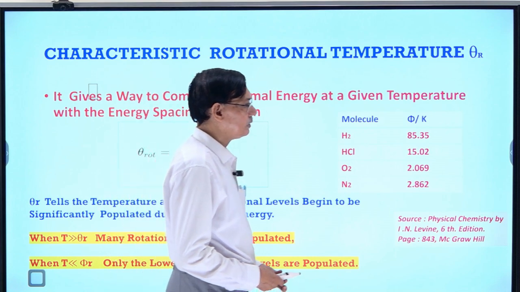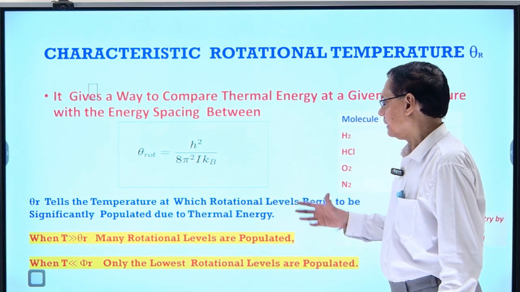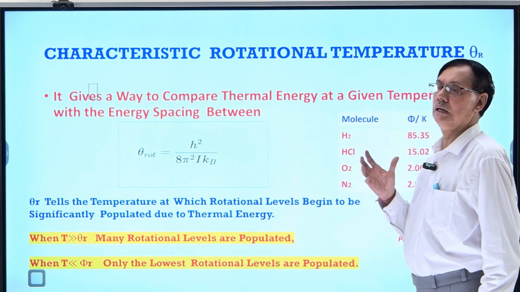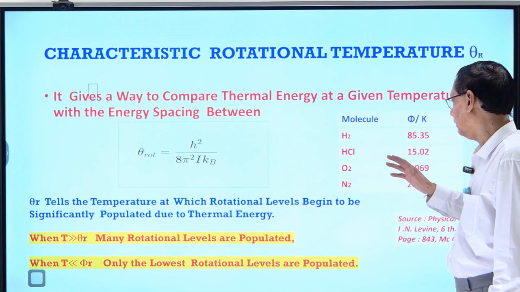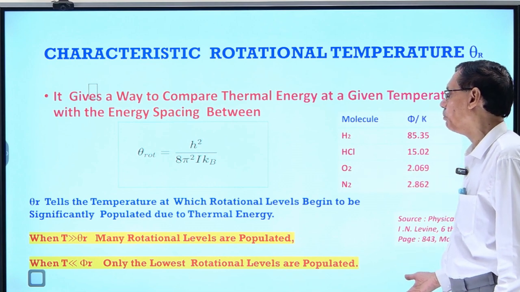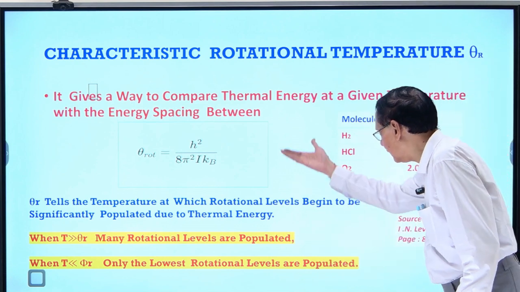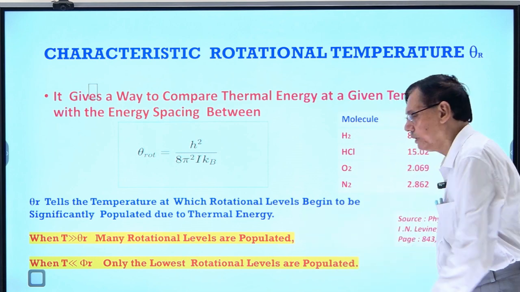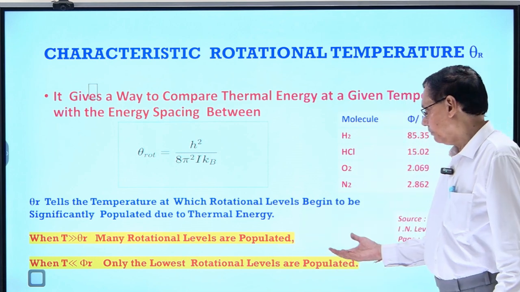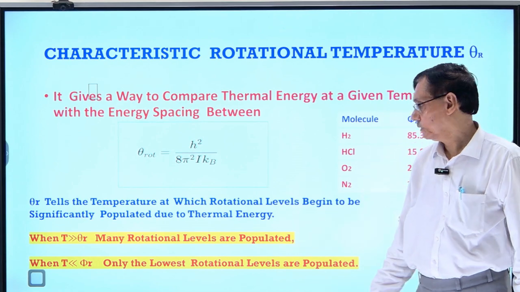Now, what is the importance of this characteristic rotational temperature? First, it tells us the temperature at which the rotational levels begin to be significantly populated due to thermal energy. Because in the ground state a large number of molecules are there, and when you increase the temperature, definitely there is a population of the higher energy levels.